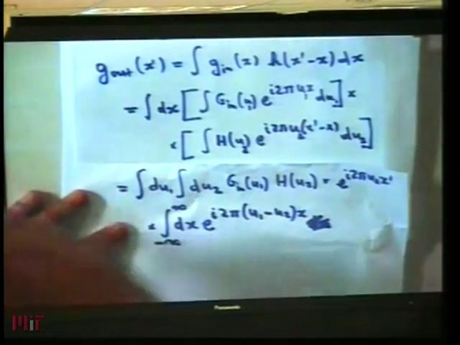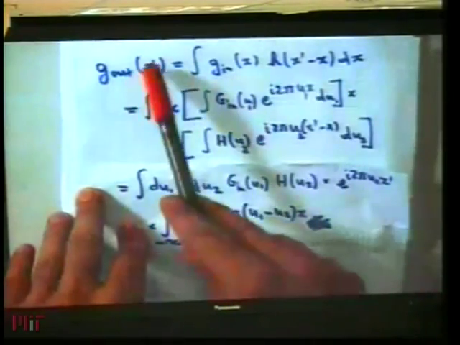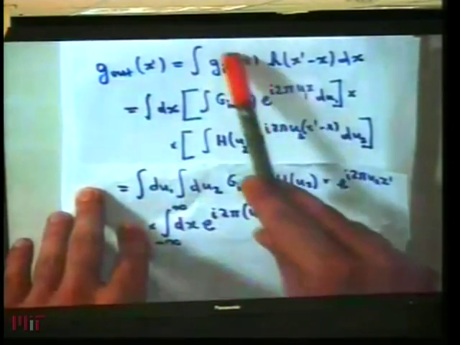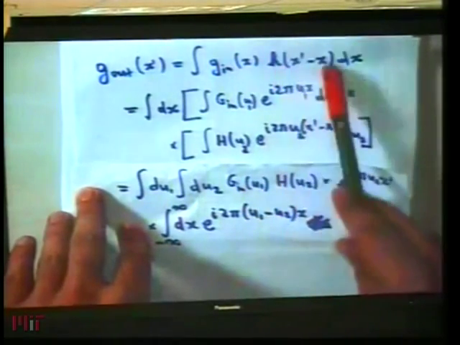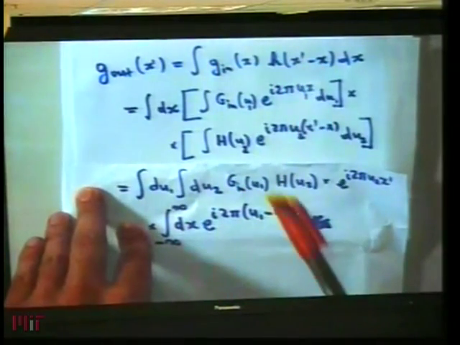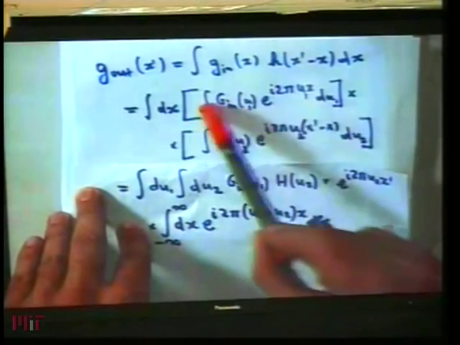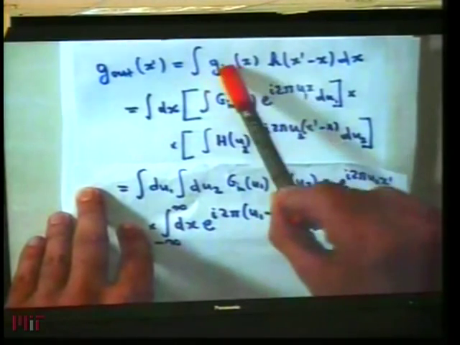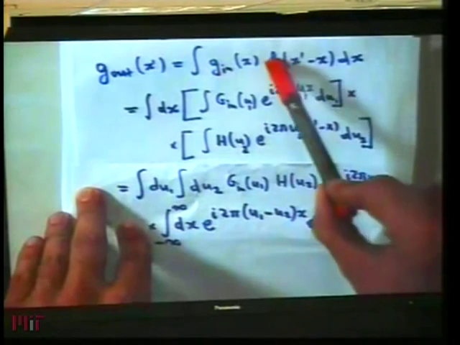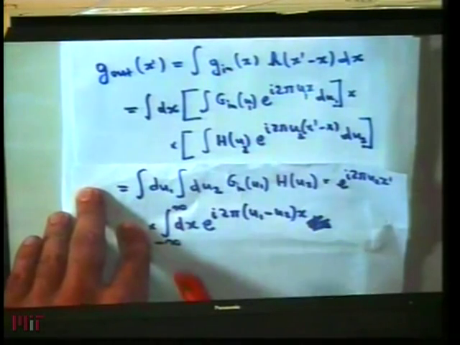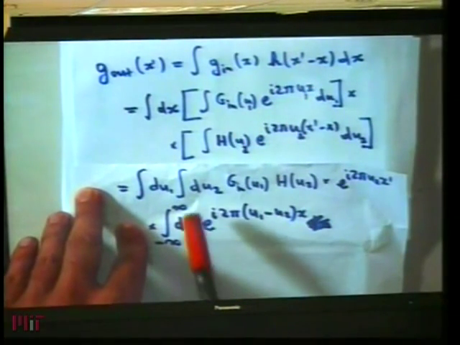And just to remind you very briefly, we start with an expression that looks like a convolution. We have an output function equals an input function times a kernel. Then we wrote each one of those, the input as well as the kernel, as Fourier transforms. Here they are respectively.